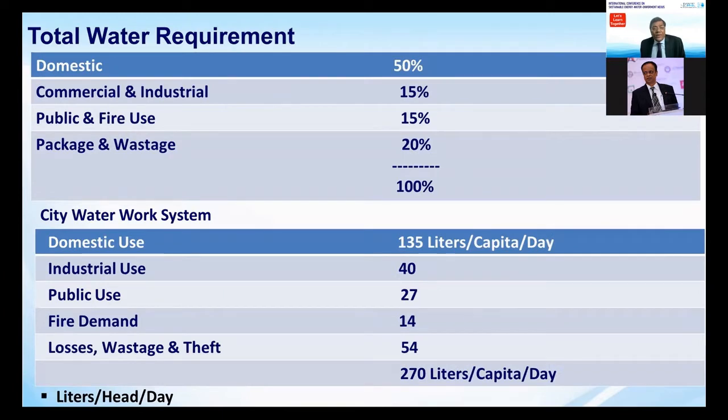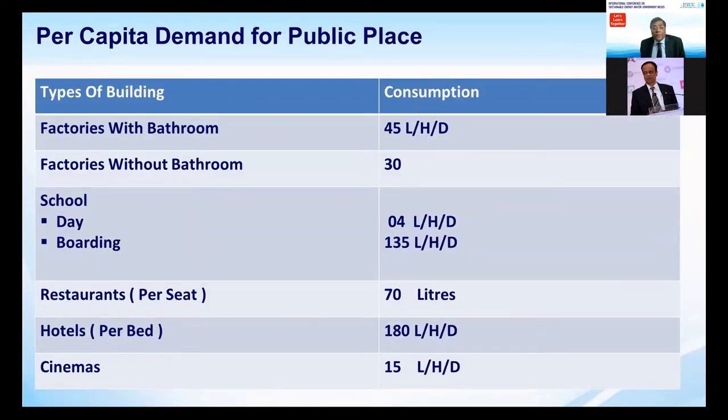Now, if you see the city water works, domestic use is 135 liters per capita per day, industrial use 40, public use 27, fire demand and losses 54. Again, this distribution leads to around 270 liters per capita per day of water being consumed.